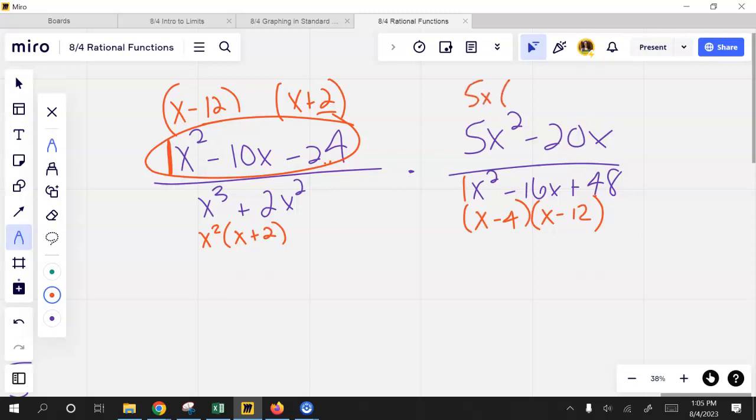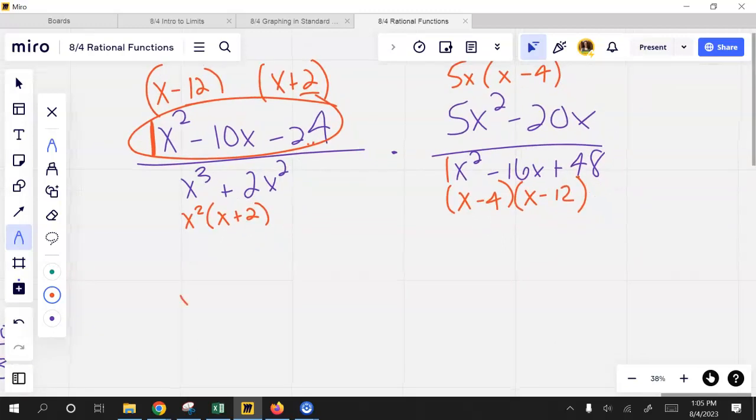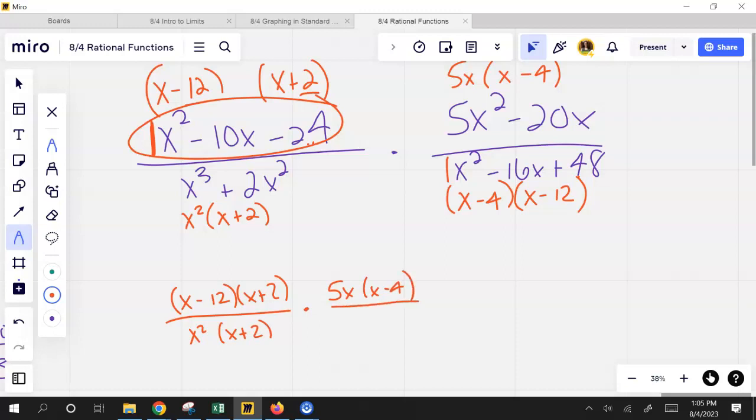What's left? X minus. All right, let me write this a little neater so you can see everything. X minus 12, x plus 2, x squared times x plus 2, times 5x, x minus 4, over x minus 4, x minus 12.